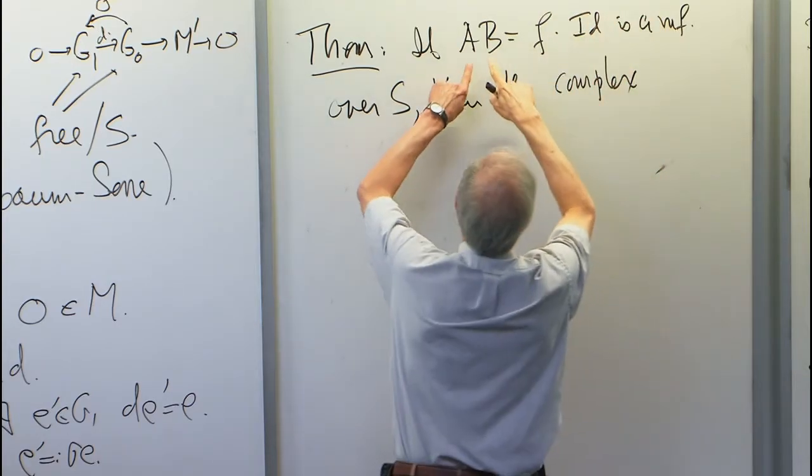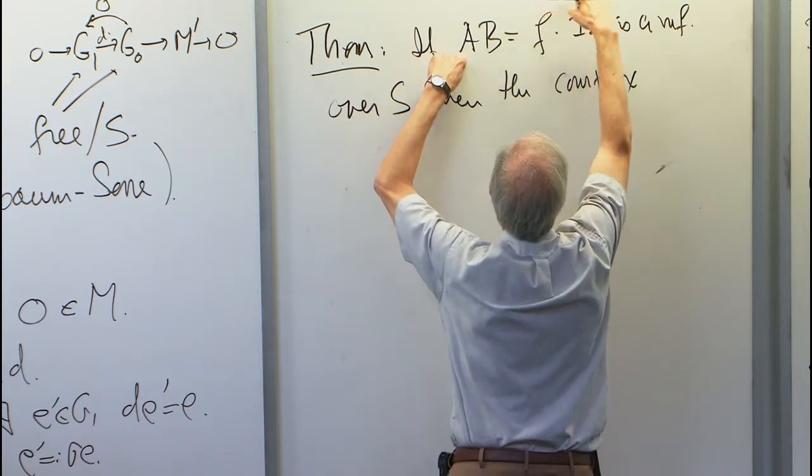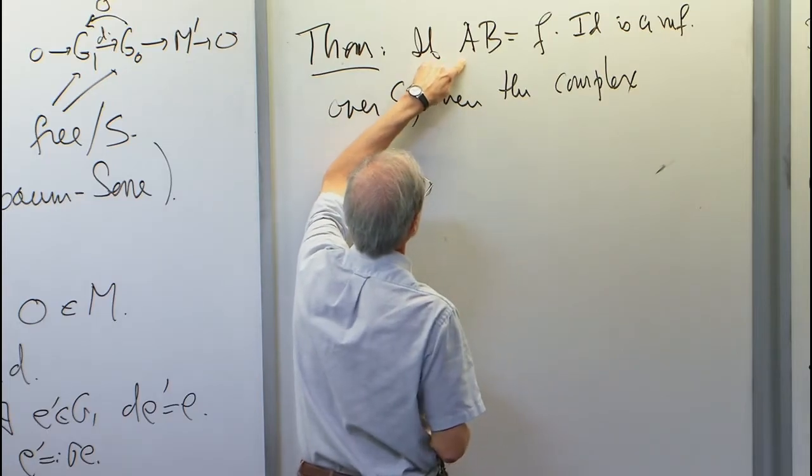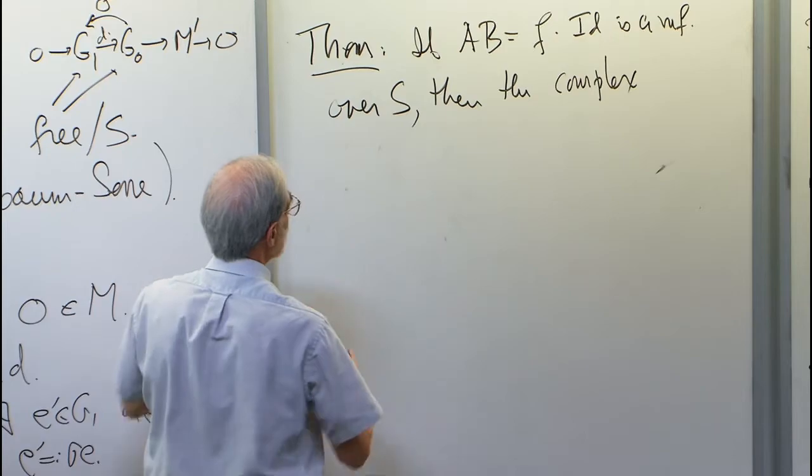And so when I say AB equals F, I mean the map that I get by going from F0 to F1 and coming back, right? And I could write it the other order too.